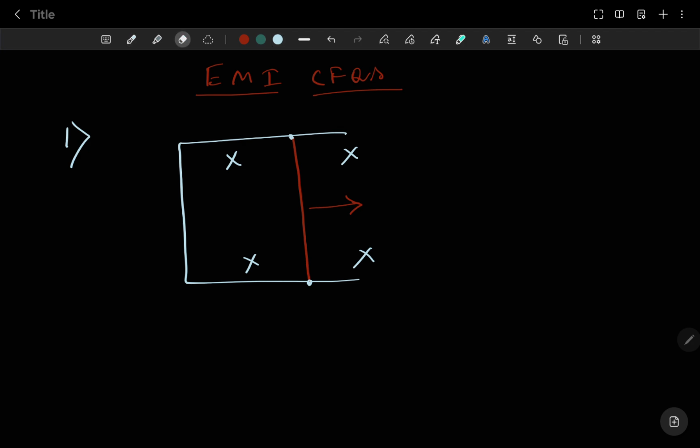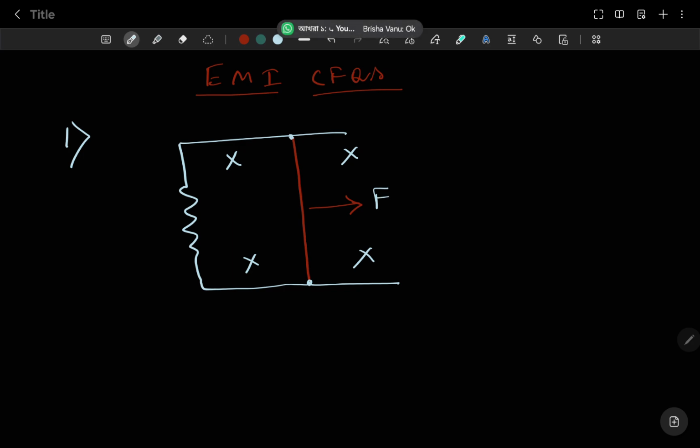Now suppose here a resistance is placed. So what will be the force needed to pull this conductor?